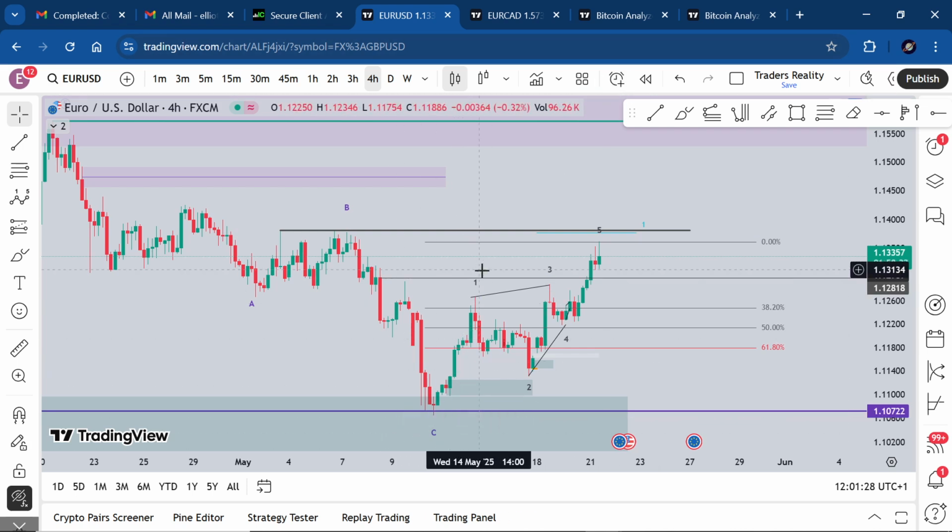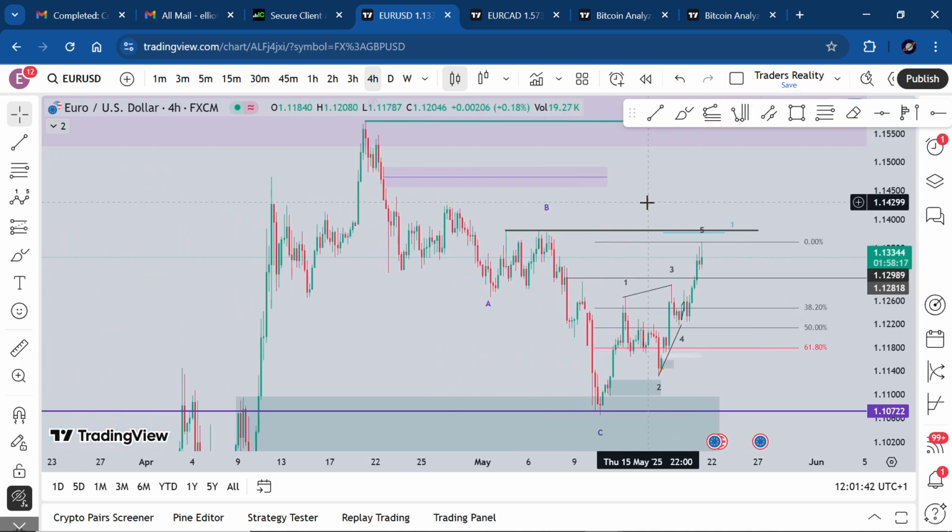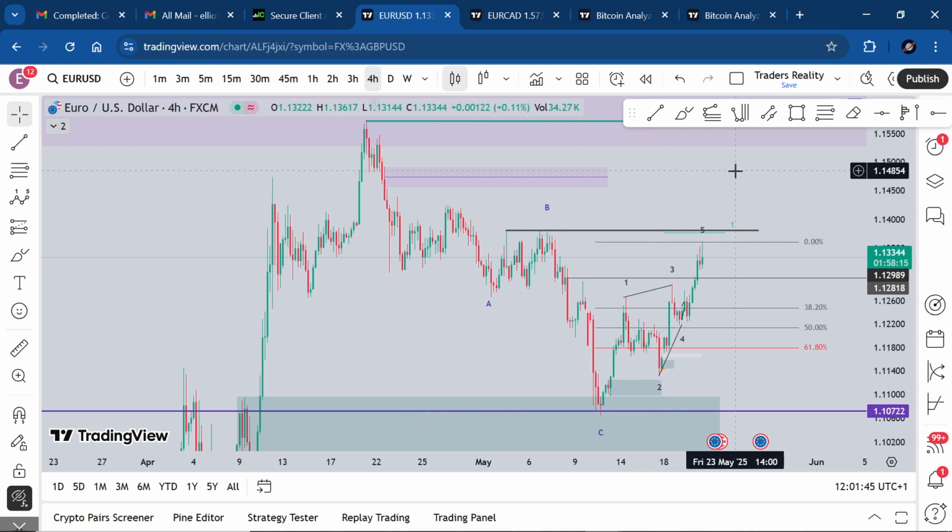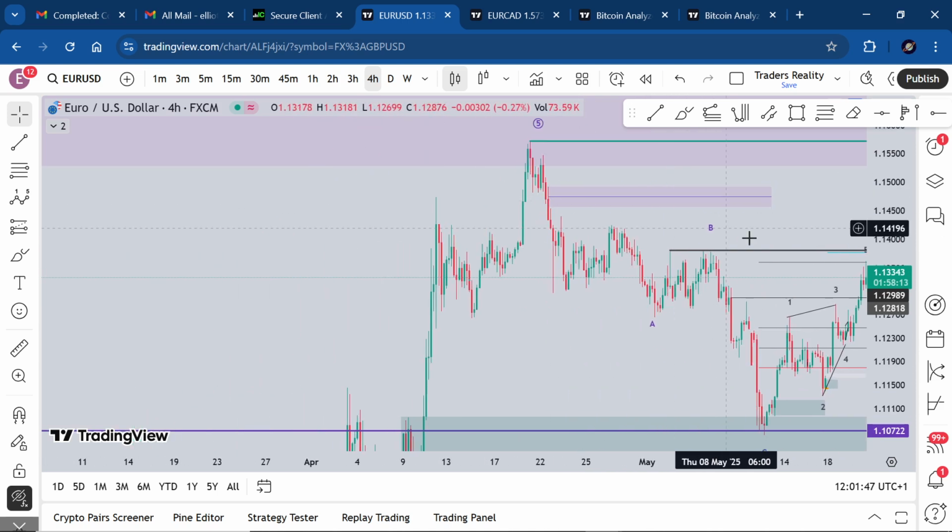It would probably be a 1, 2, 1, 2, 3, or a 1, 2, 1, 2, 1, 2, 3. They are the most probable potential moves in my view for the market.